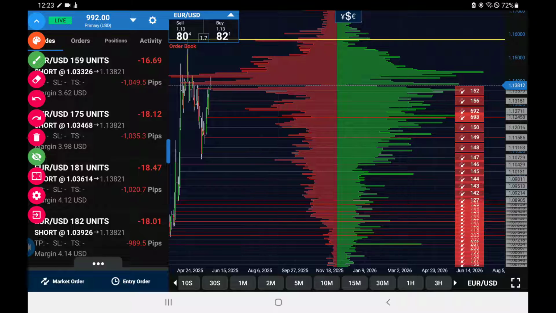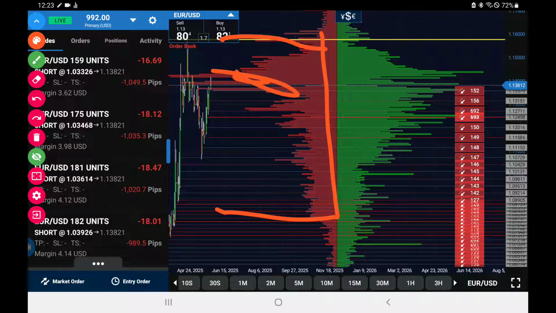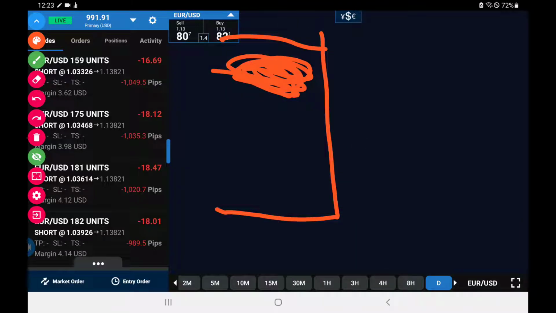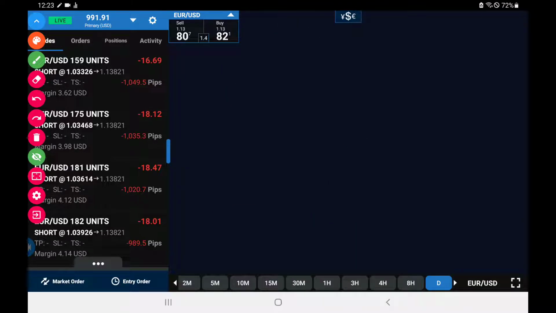And looking at the order book, looking at where the sellers are, the red section, and where all the trades have been placed in the limit order, all of this weight, all of this pressure above the price line indicates exactly where sellers want to go.